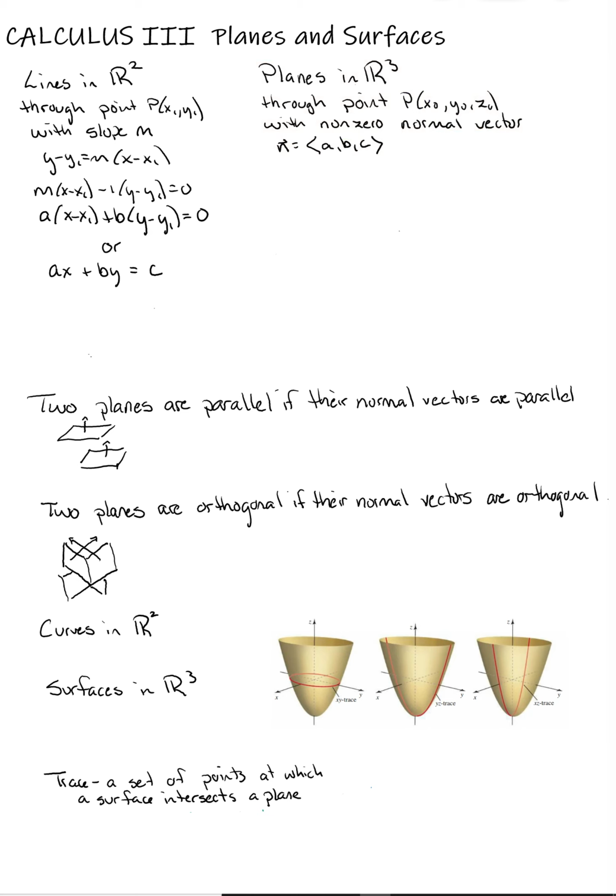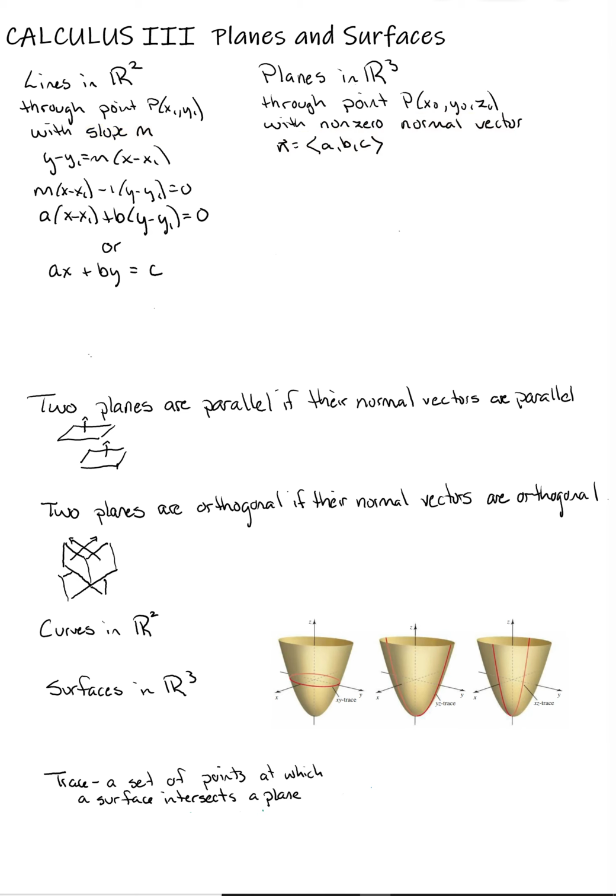Just like in R2, the point is my starting spot, and the same thing goes for R3. My slope gives me direction from there, and my normal vector also gives me some direction. So using the same idea, I've got this normal vector and this point.